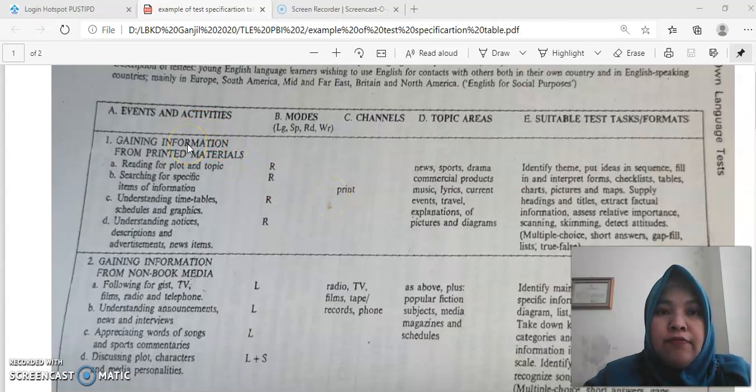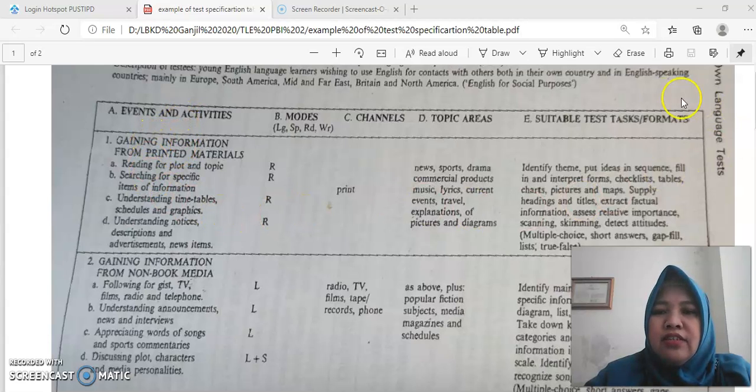What you have to consider is events and activities and topic areas. For these two aspects, you have to cross-check to your syllabus, as mandated in the 2013 curriculum.